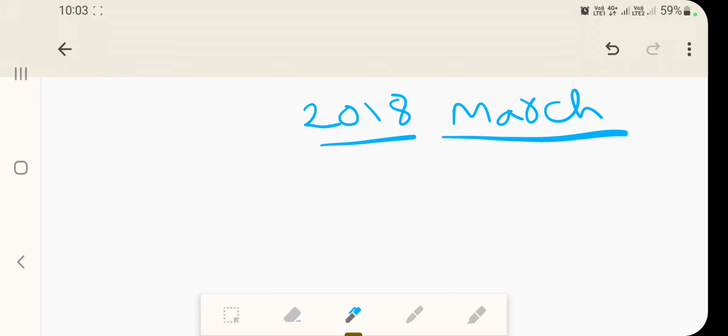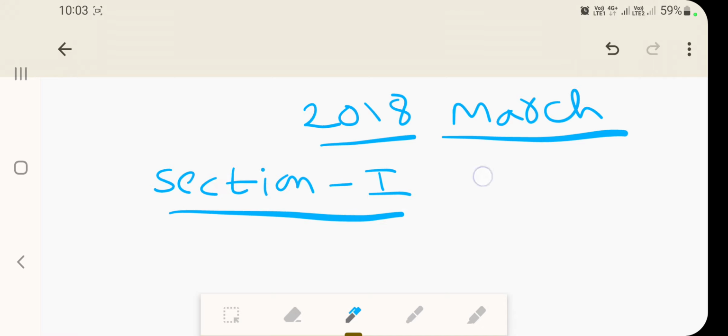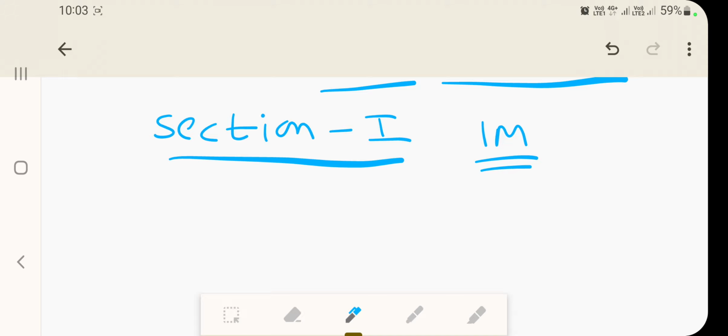Now we're going to first solve the section 1 question, which is for 1 mark. First section, this is a 1 mark question. It is problem number 4 in that public examination paper.